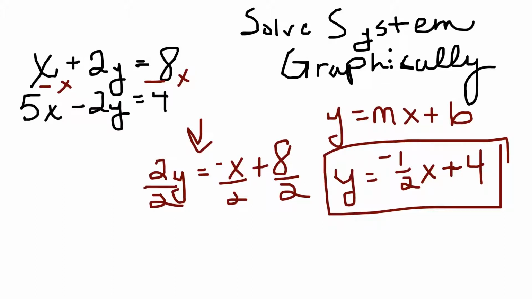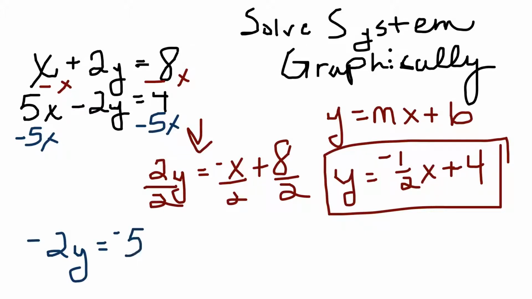Let's try the next one, and let's do this in blue. For this one, I'm going to subtract 5x, and I get negative 2y equals negative 5x plus 4.